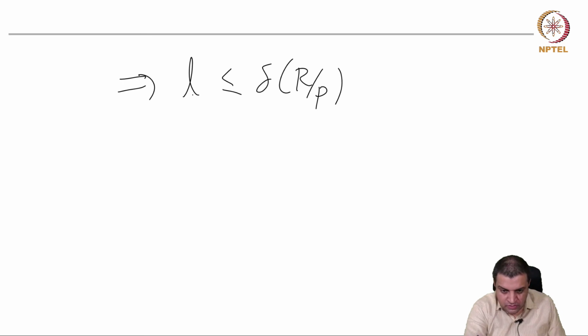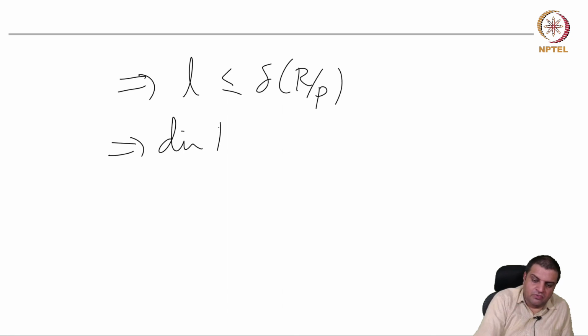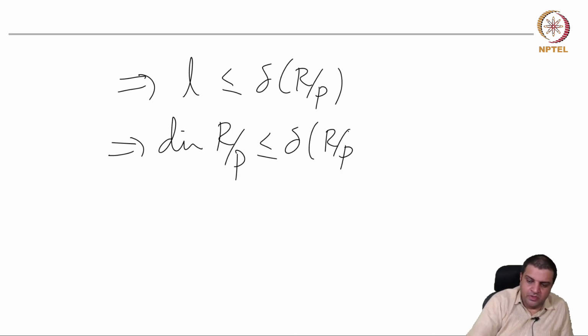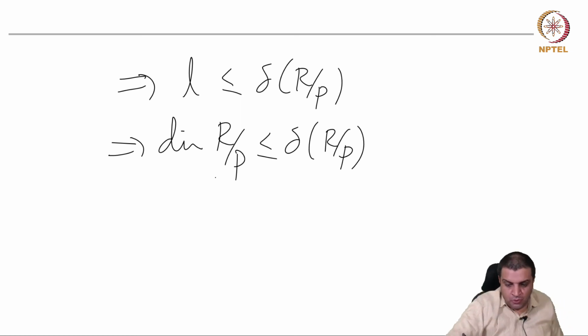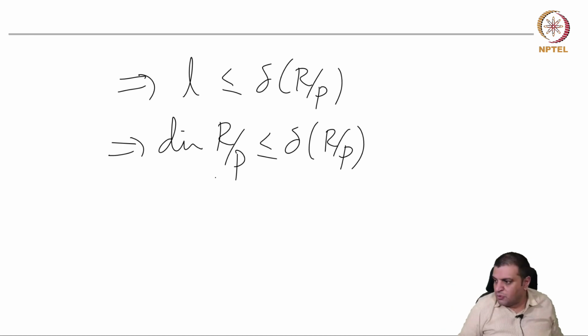This is true for the length of every chain of primes, so the dimension of R mod P is less than or equal to delta of R mod P. And we have already observed that if you prove it for primes like this, then we have also proved it for all modules. So this proves one of the inequalities.